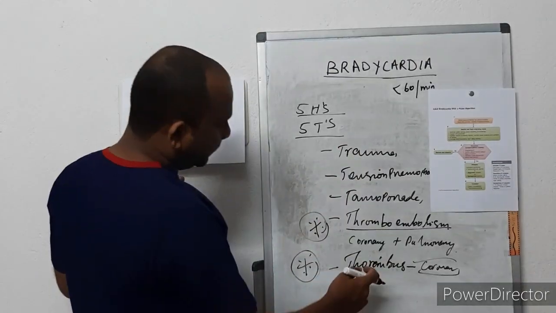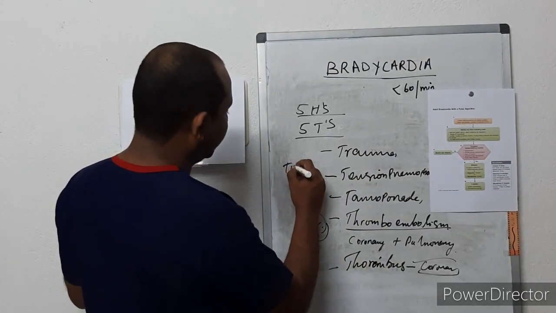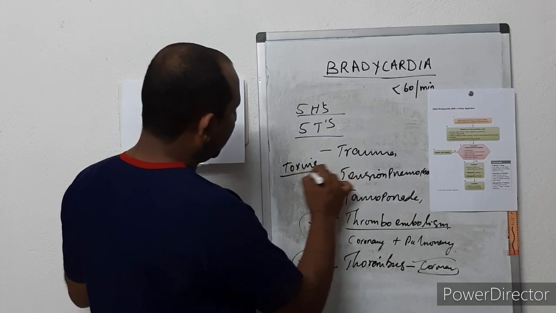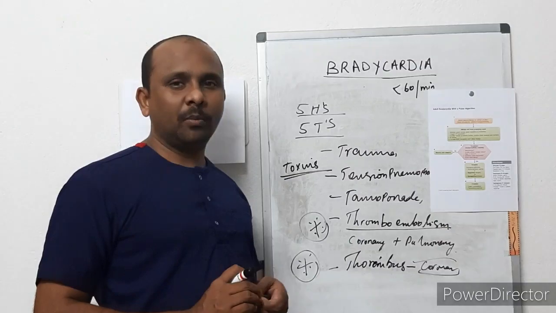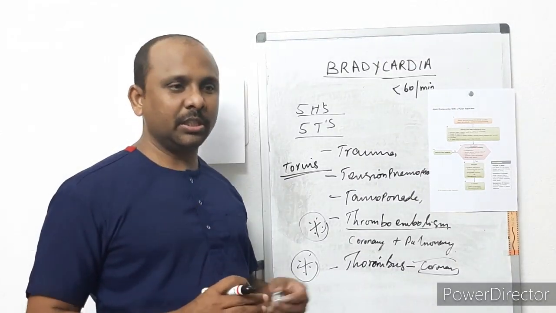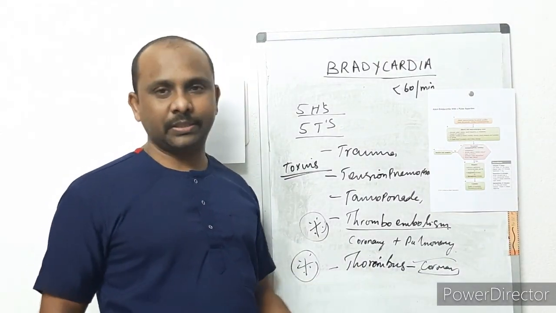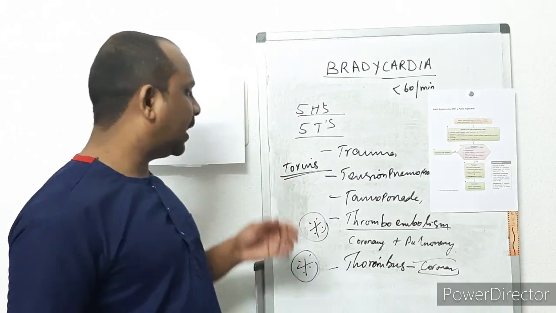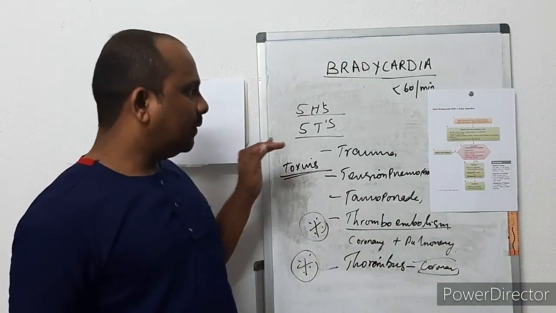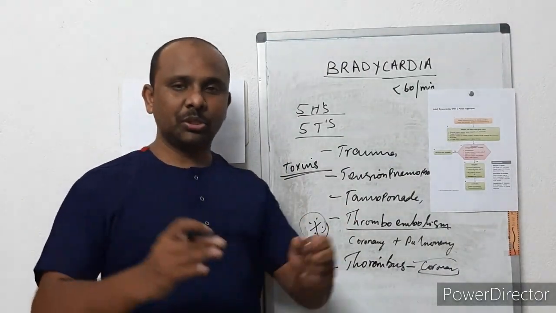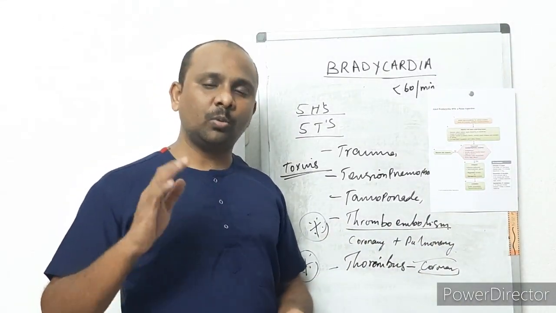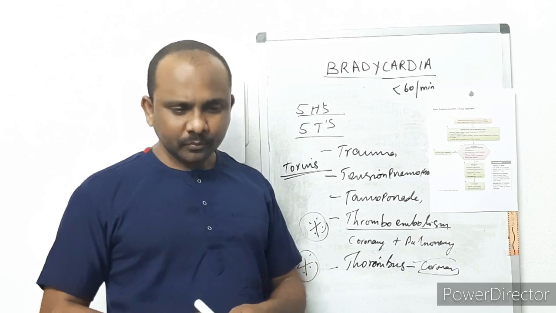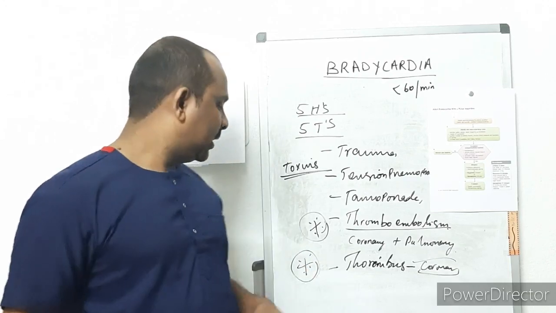The last one is toxins. What toxins will produce bradycardia? We all know beta blockers, calcium channel blockers, digoxin or some plant poisons will produce bradyarrhythmias. So always keep in mind that whenever you initiate treatment, as a team leader you should think about the reversible causes for bradycardia.